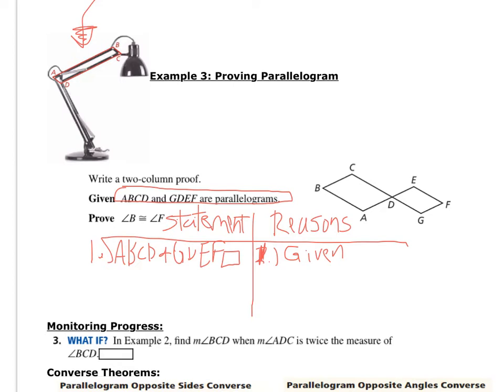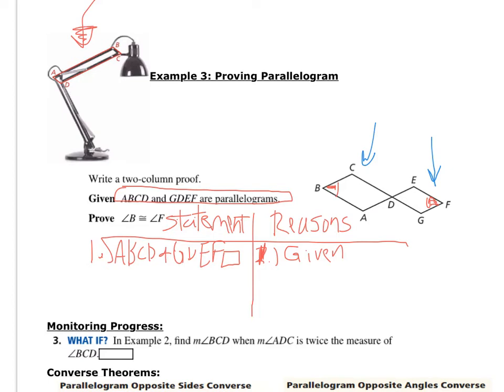They want us to prove that angle B, this angle here, and angle F, this angle here, are congruent to each other. Now, these aren't even the same object, but remember the very first given piece of information is that this larger object is a parallelogram, and this smaller object is also a parallelogram, so the same rules apply.